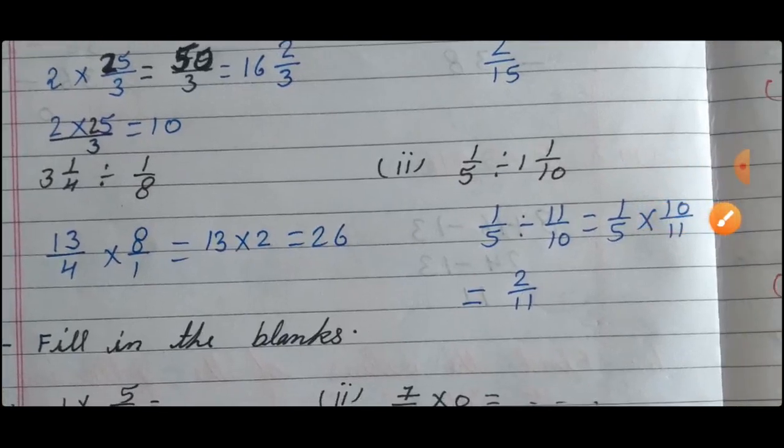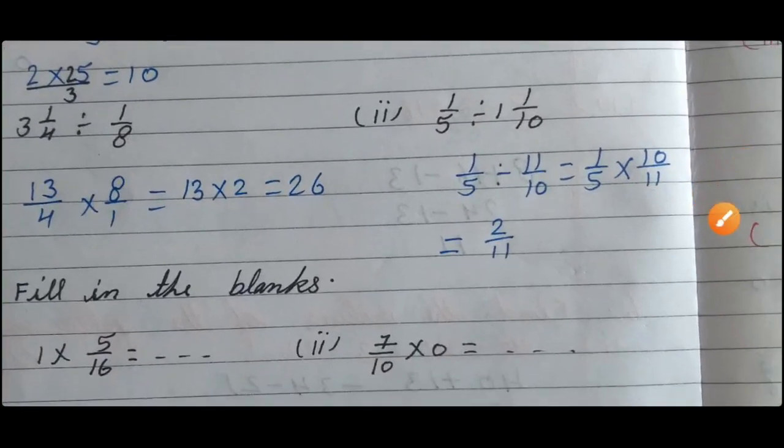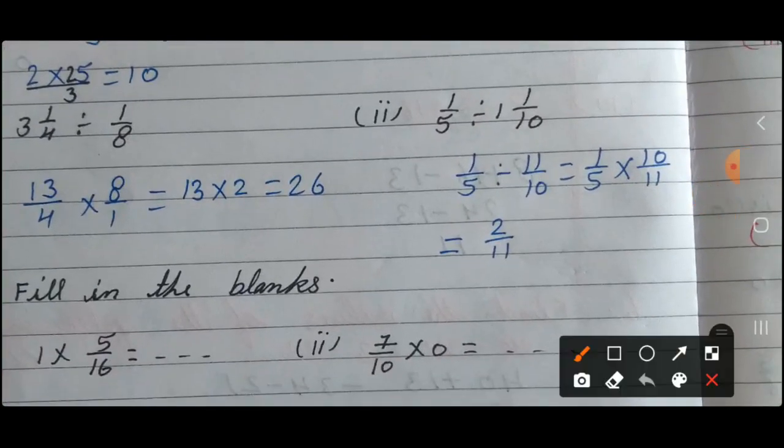Second part of question number 7: 1 upon 5 divided by 1 whole 1 upon 10. First of all, we convert the mixed fraction into an improper fraction. 10 multiplied by 1, 10 plus 1, 11 upon 10.